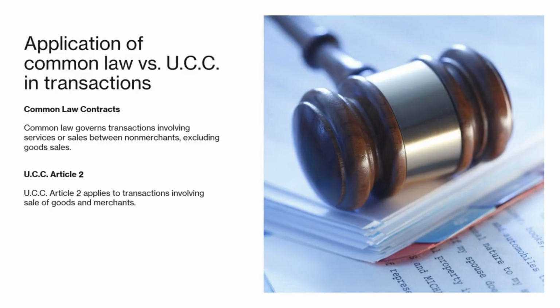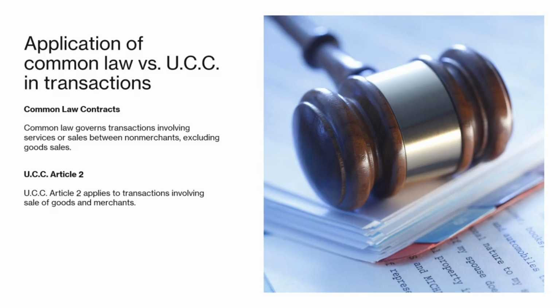Well, when you're researching or trying to come up with a legal conclusion or opinion about a contract dispute, the question is which law is going to apply. Would we apply the common law or the uniform commercial law when we're dealing with transactions? Well, common law of contracts will apply to transactions that don't involve a sale of goods, such as a service or sales between non-merchants.